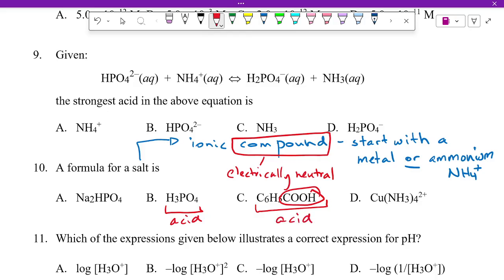That leaves us with the Na2HPO4 and the Cu(NH3)4 2+. Because it is a compound, it should be electrically neutral, which means that one has a 2+ charge, so that one is no. This one is electrically neutral, so that one is yes.